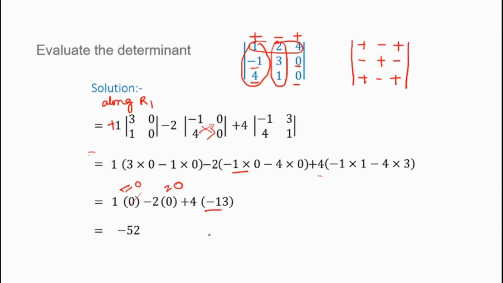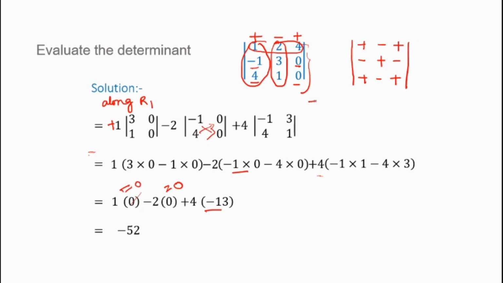But this problem will be very easy when you expand along column 3, because it contains the maximum number of zeros. When we expand along column 3, the evaluation of the determinant will be much easier.